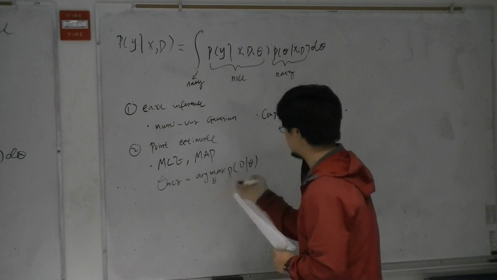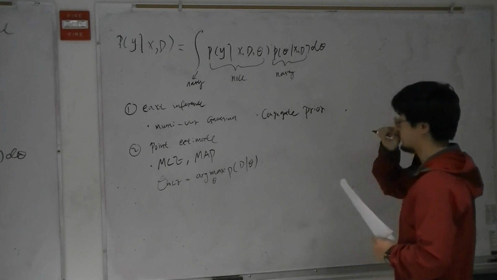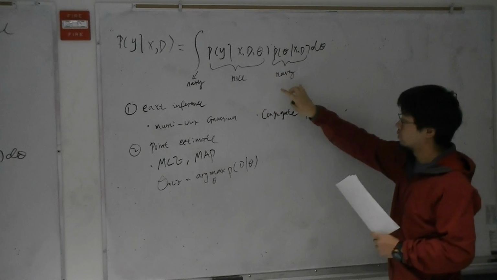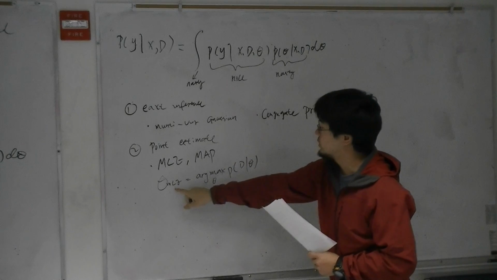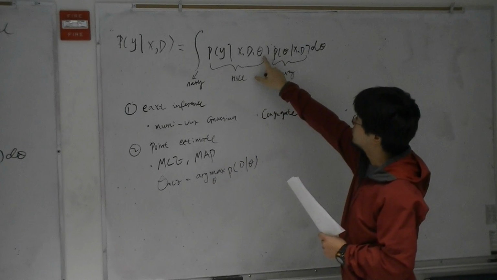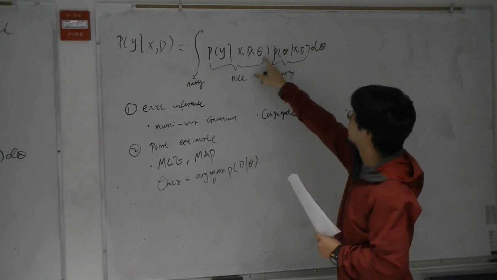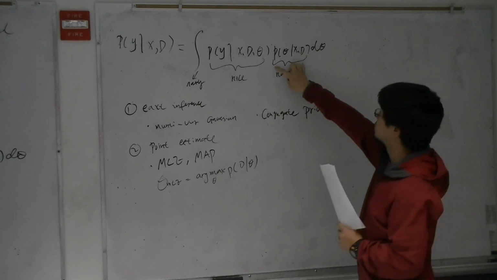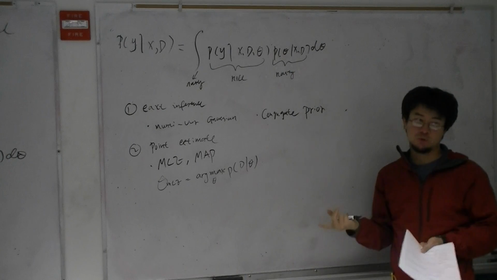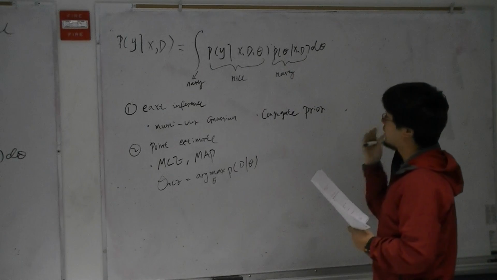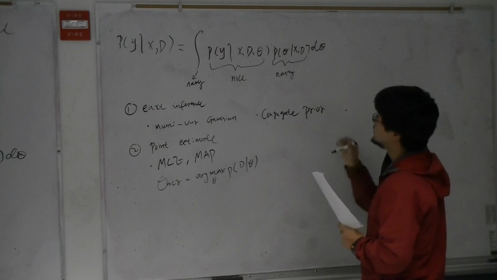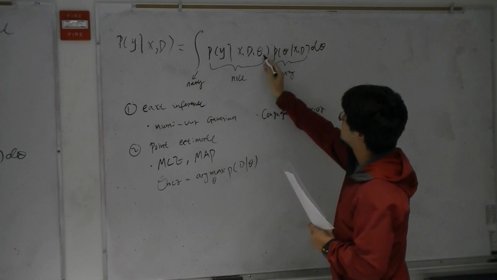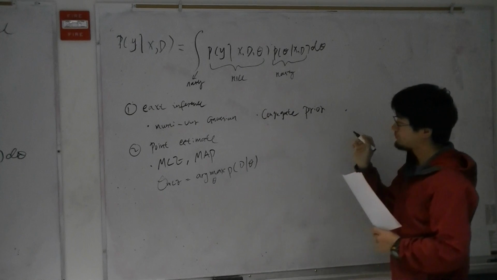Instead of doing an integral, you choose one particular value, MLE or MAP, and put it here. Because you choose one particular value, this probability is going to be 1. So this integral becomes only this term with theta MLE or MAP.